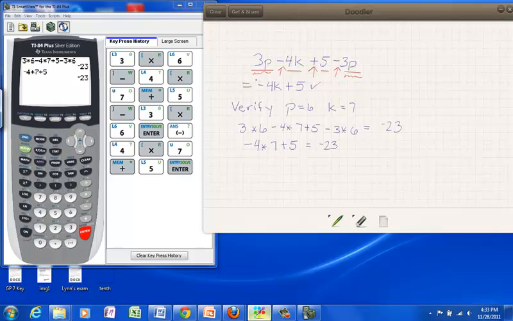It is important that you understand that when they said to simplify the expression, this is just the step that tells me whether or not I did it correct.